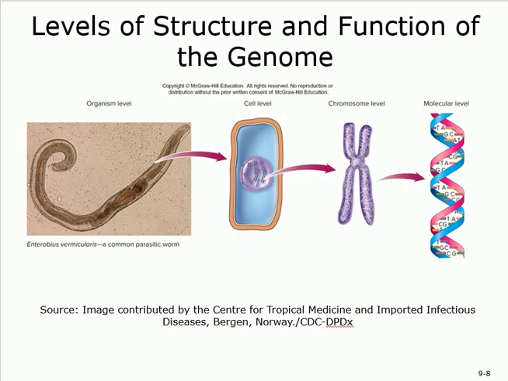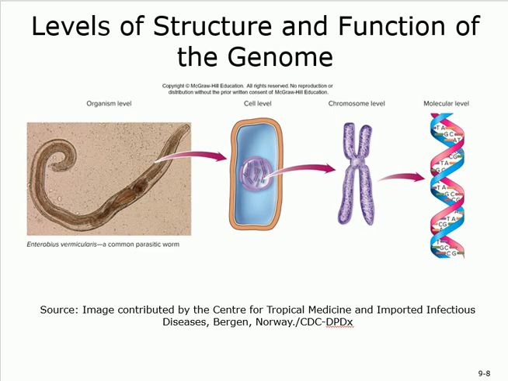And the levels of the structure of the genome: if you look at the first one on the left, this is the whole organism. Enterobius, this is one of the helminths they're studying. So you take one cell, this is the cellular level, you go into the nucleus, you can take one chromosome, and if you unfold that chromosome and look inside, you will see this molecular level.